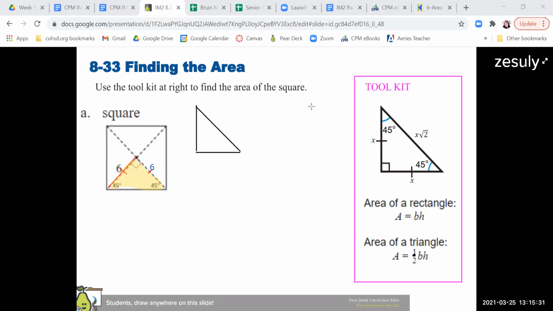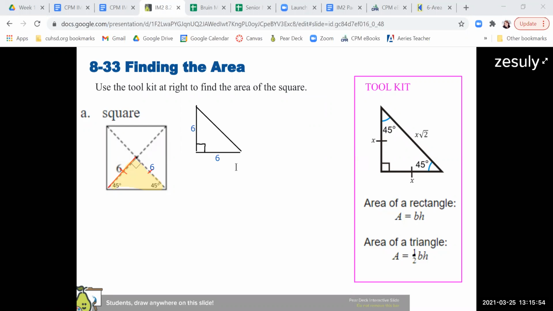So here's my right angle now. And what I know is that this side is 6, and I know that this side is 6. We do have 45-degree angles, but they aren't actually that useful to us in this situation.